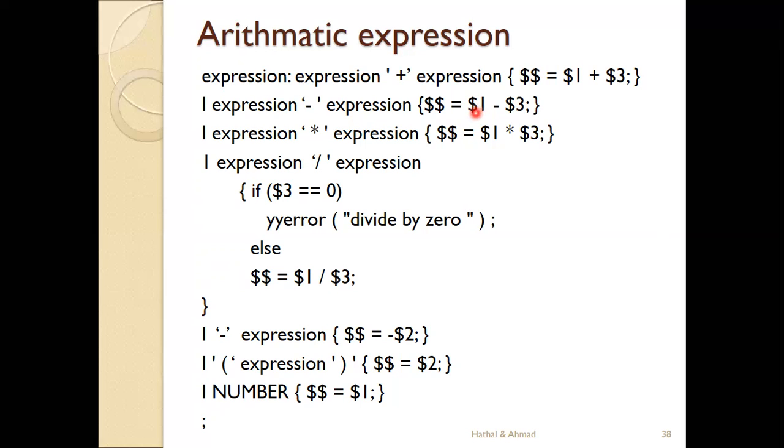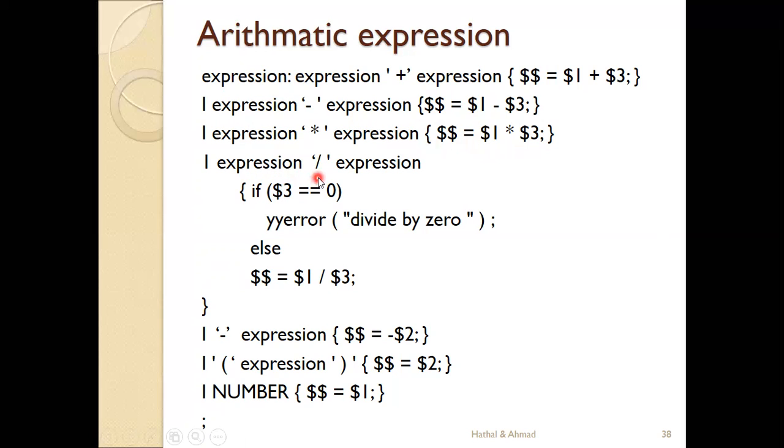They evaluate $1 minus $3 and assign this value to $$. Similarly, the expression can be defined as expression star expression, evaluated in this format: take the value of $1, multiply with the $3 value, and the result is stored in $$.